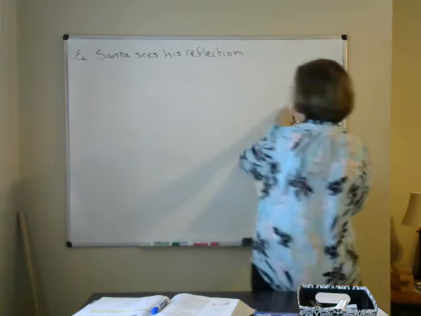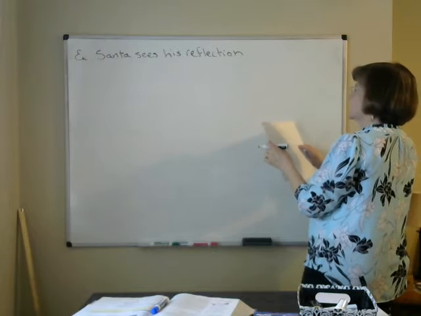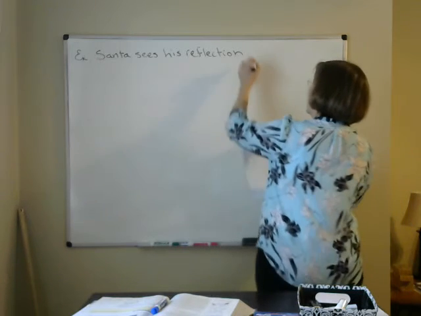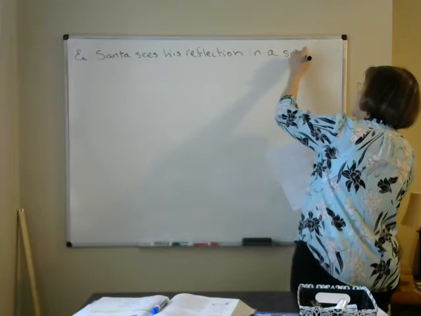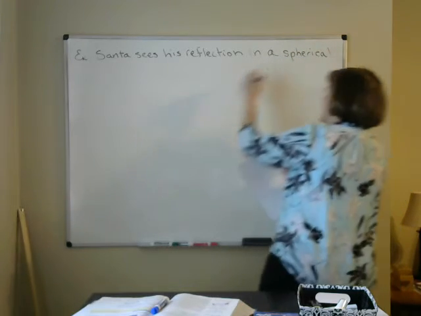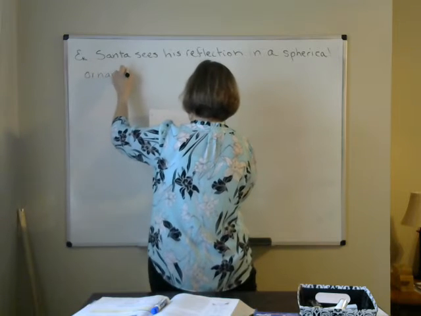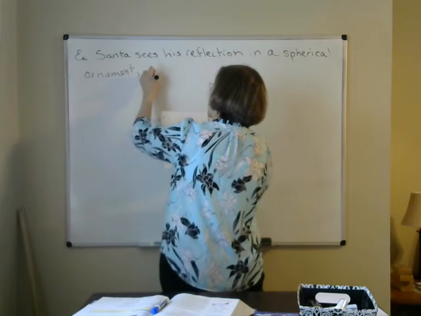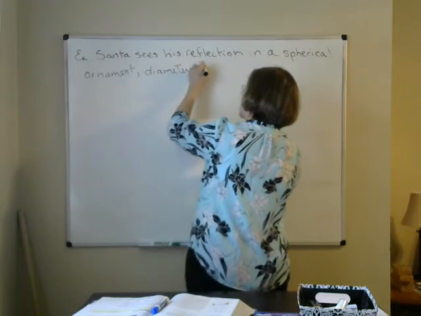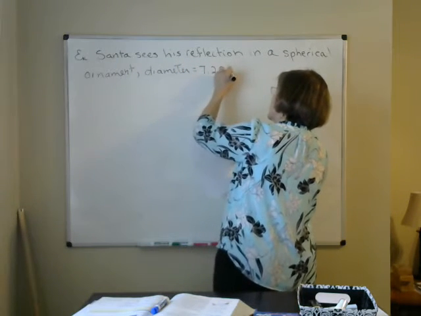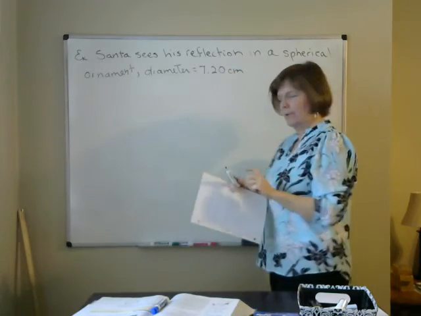It might make more sense to have the Easter Bunny, but I don't know that the Easter Bunny has ornaments. So Santa sees his reflection in a spherical ornament that has a diameter that's equal to 7.20 centimeters. It's actually not an unusual size ornament, pretty typical.